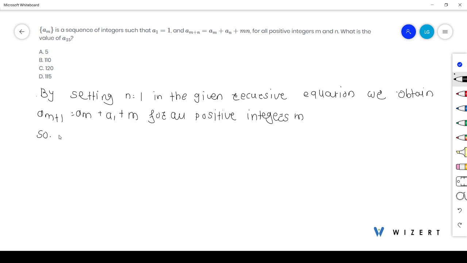So, a_(m+1) minus a_m is m plus 1, and this is for each m equals 1, 2, 3 and so on.